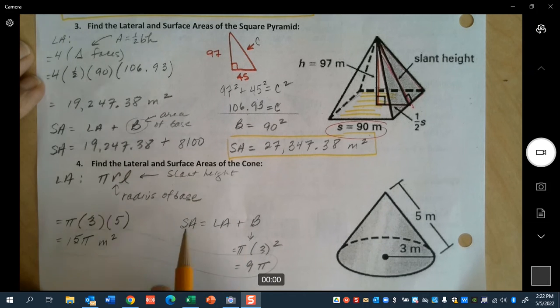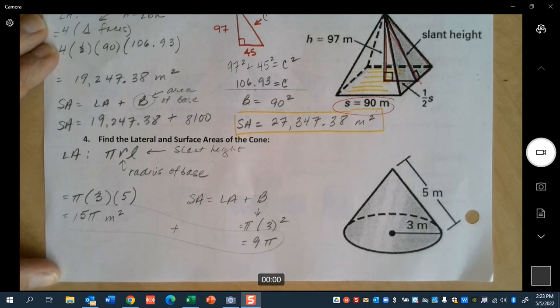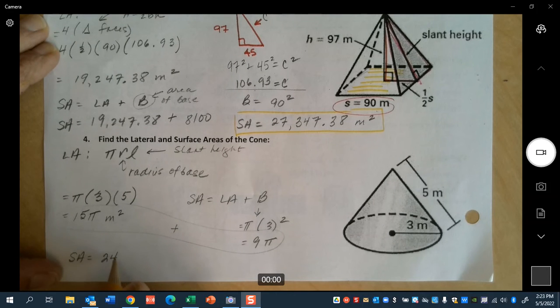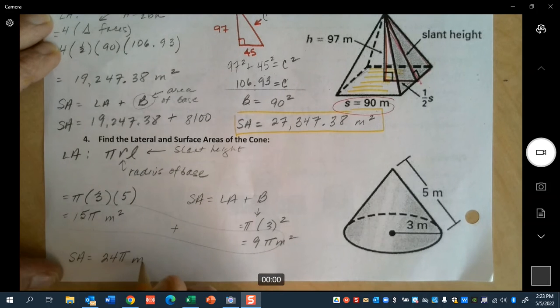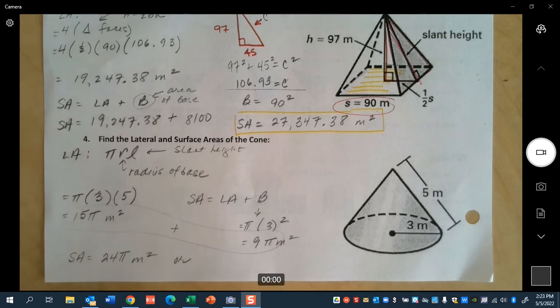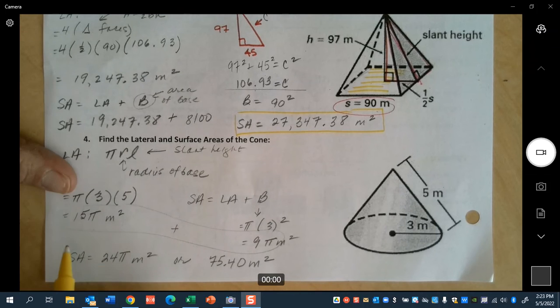If I want to find my surface area, that's what I have to add together, which is going to give me 24 pi square meters, or if I want to figure out what that is, rounded to the nearest hundredth, 75.40 square meters. Surface area, the area of all the surfaces added up.